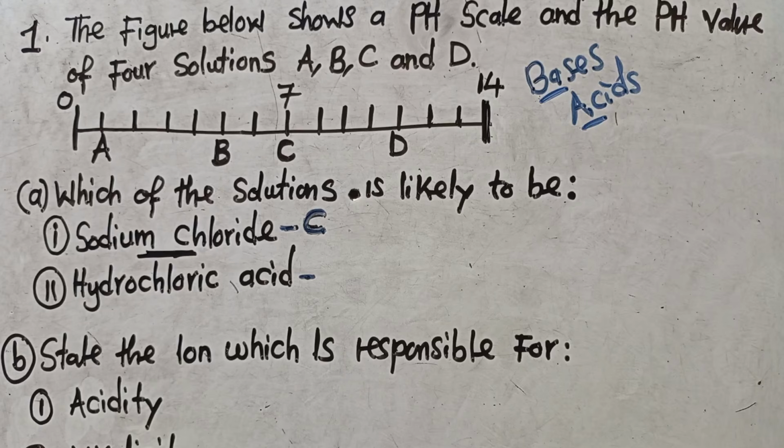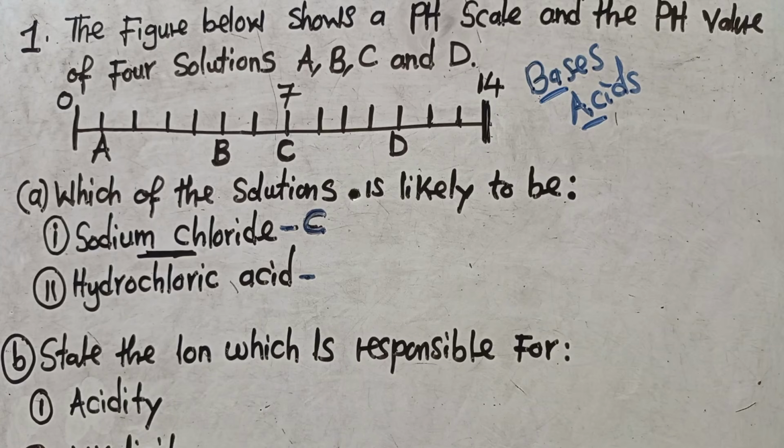Which one is likely to be hydrochloric acid? For us to answer this question, you analyze the question. Hydrochloric acid is a strong acid and is expected to have a very low pH.